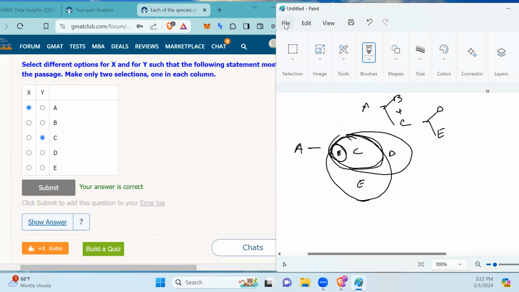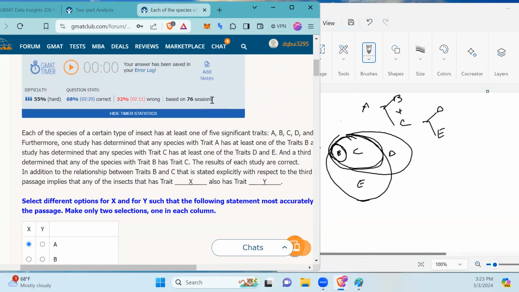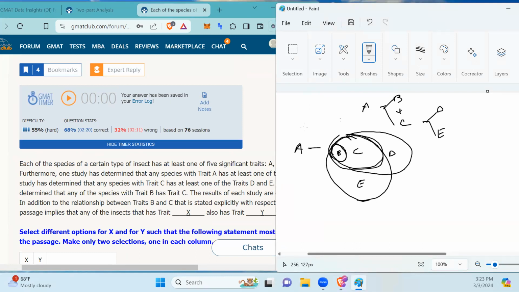So one thing to take into account when we approach these integrated reasoning questions, especially not just two-part analysis questions but also graphs and tables, is utilizing subsets or sets. A Venn diagram is a tool.